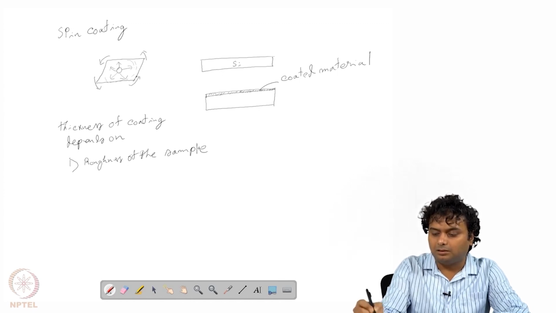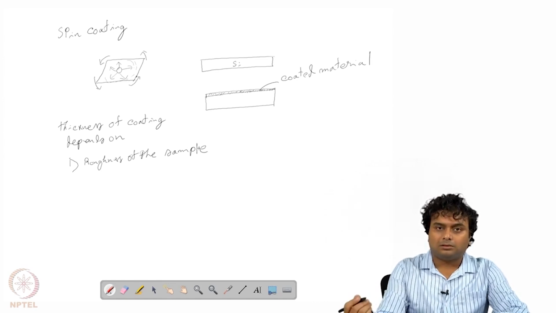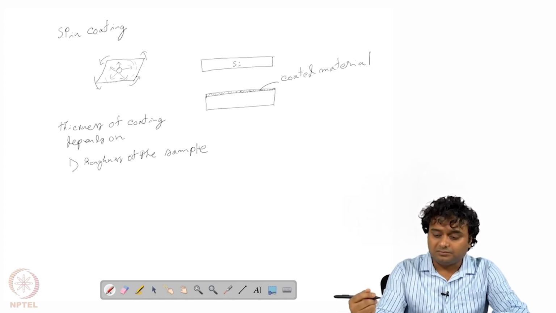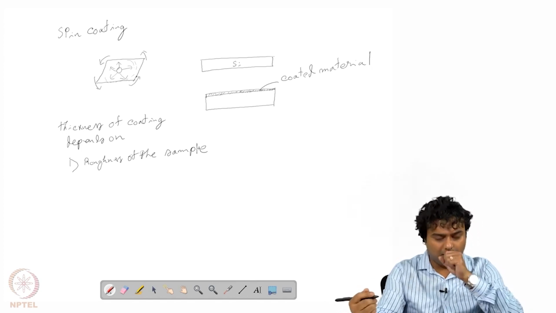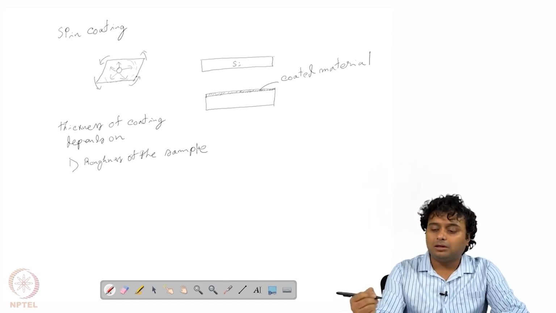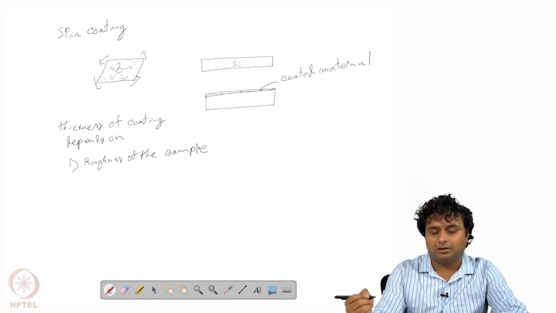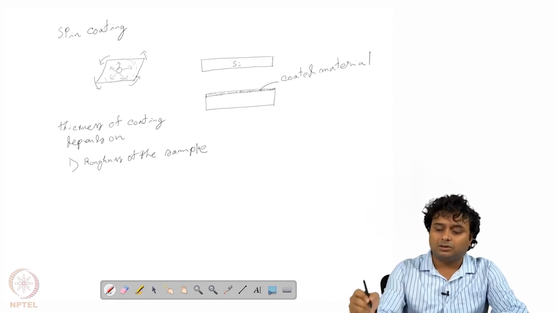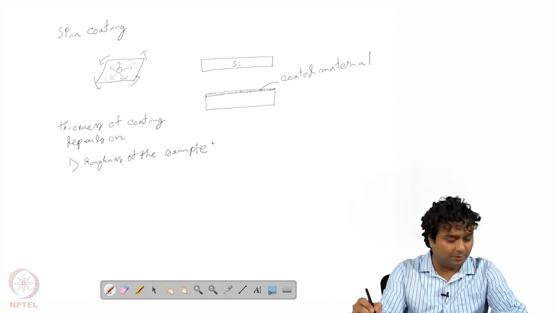If the roughness is very high, then the coating will not be uniform, and also the liquid will get obstructed on the surface itself when moving. So the roughness of the sample is one important parameter.